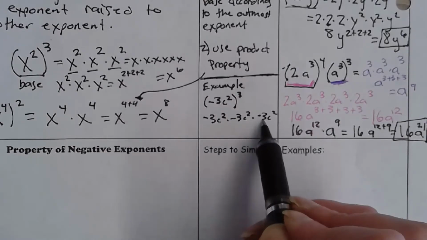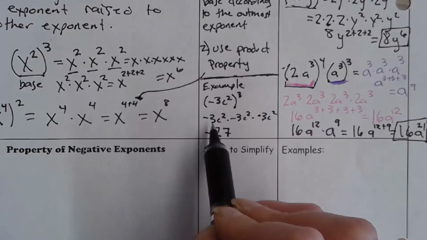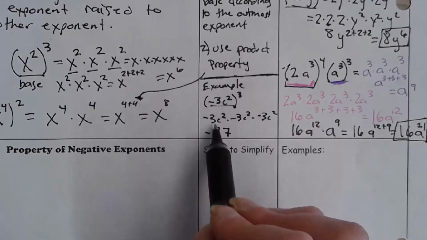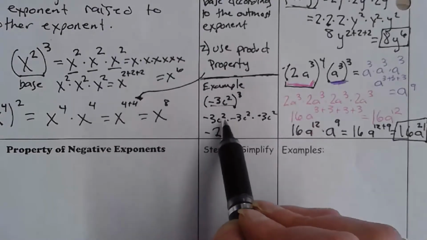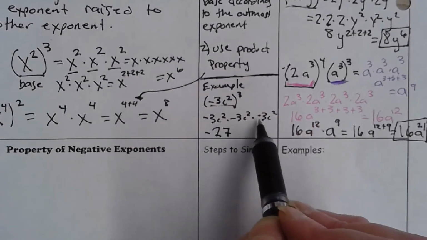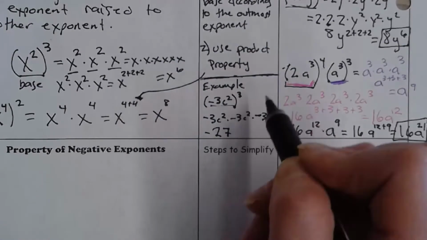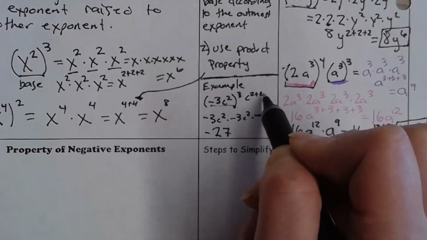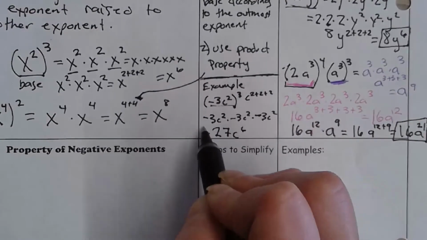Positive 9 times negative 3 is negative 27. So you rewrite this base 3 times, leaving that negative each time. We know a negative times a negative is a positive, times a negative is a negative. Then we'd have c, 2 plus 2 plus 2. So 2, 4, 6, c to the 6.